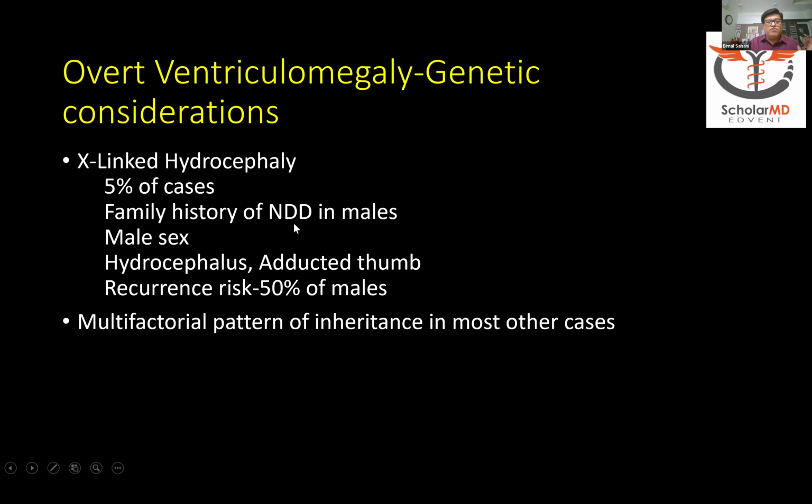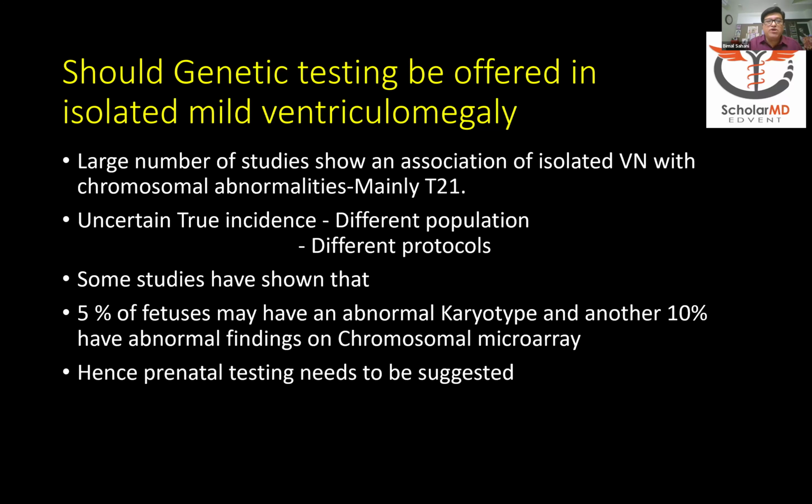Here you need to ask for the family history of neurodevelopmental delay in the males in the family. It happens in the male sex, and you can find hydrocephalus, severe ventriculomegaly, and an adducted thumb. The recurrence risk is 50% of males. And in the remaining overt ventriculomegaly, the cause could be multifactorial. Should genetic testing be offered in isolated mild ventriculomegaly?